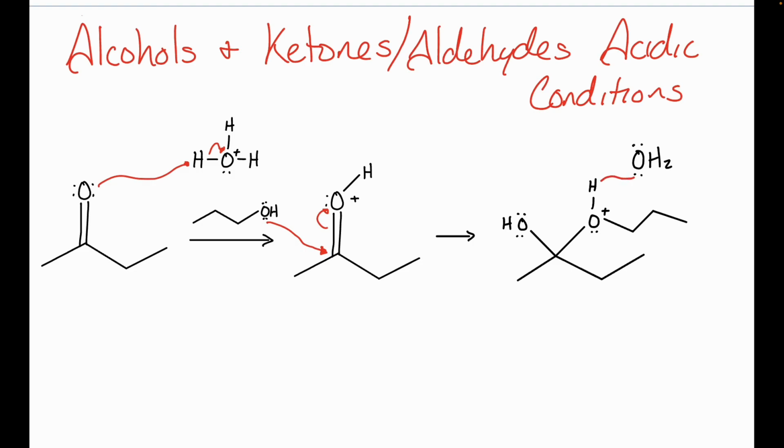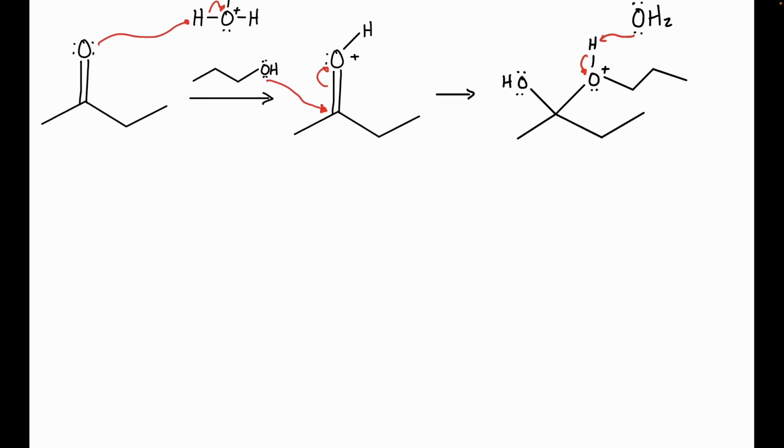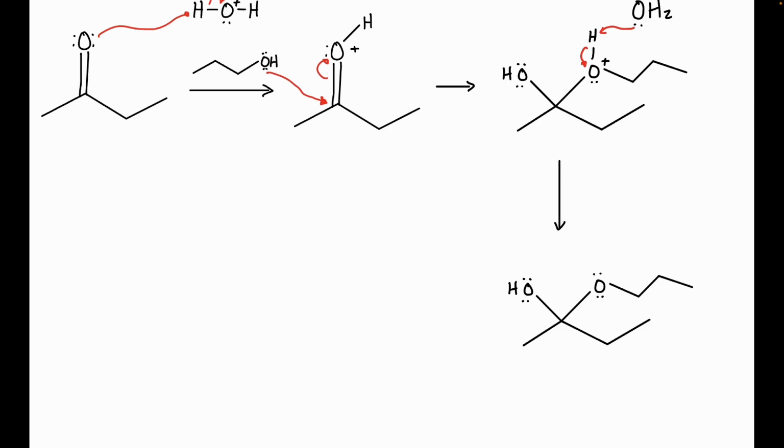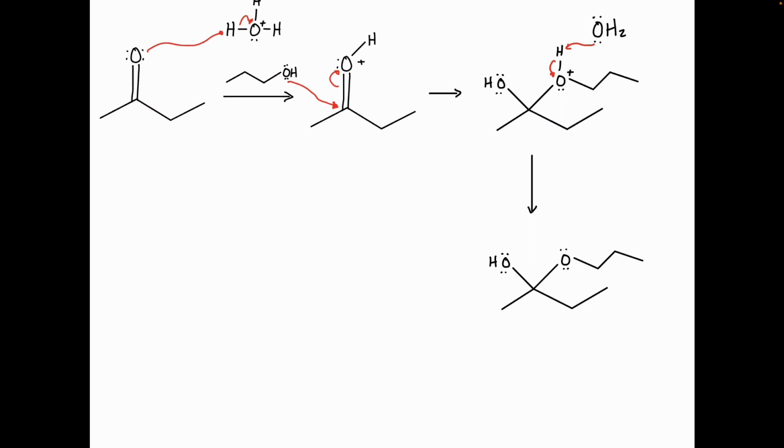That wouldn't survive under acidic conditions. Okay, cool. So now we have this alcohol group on here. I guess it was formerly an alcohol. Now it's an ether group. This product that we just created is what's called a hemiacetal.